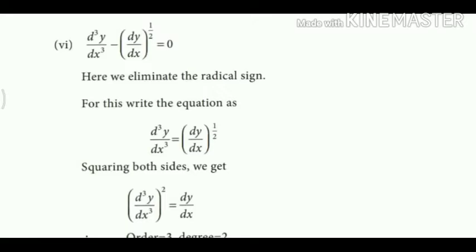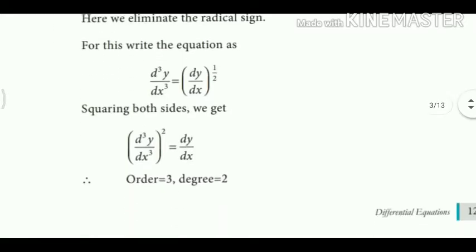In order to eliminate this, I am squaring both sides. We get (d cube y by dx cube) whole square equal to dy by dx. Here the radical is eliminated. What is the highest derivative here? d cube y by dx cube. Therefore order is 3. For this order the power is 2. Therefore degree is 2.